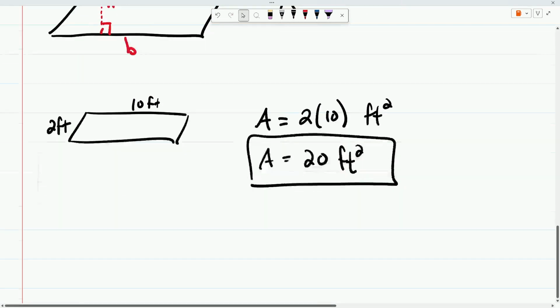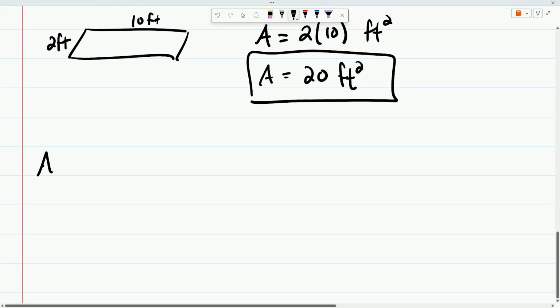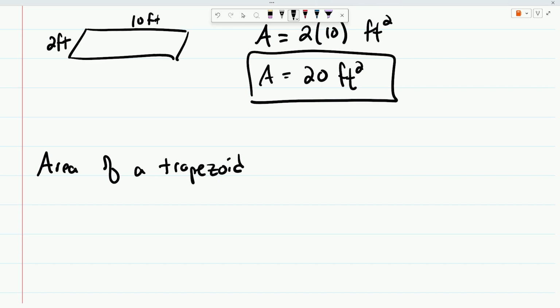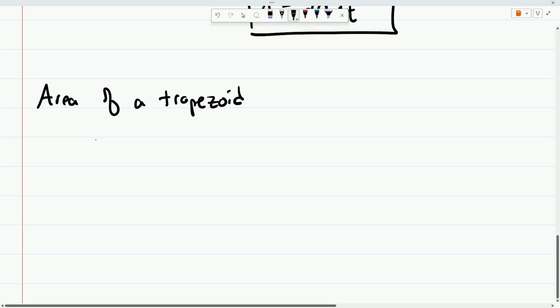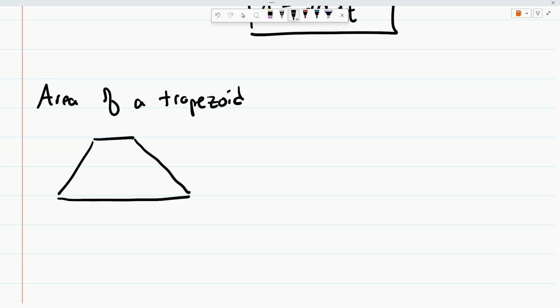The next shape we're going to look at would be the area of a trapezoid. All right, and a trapezoid looks like this. It has 2 parallel sides, and that's it. Now, there's a special measurement here. It's right down here.